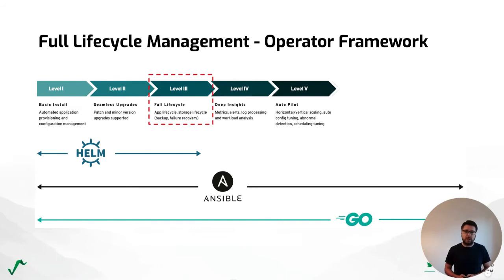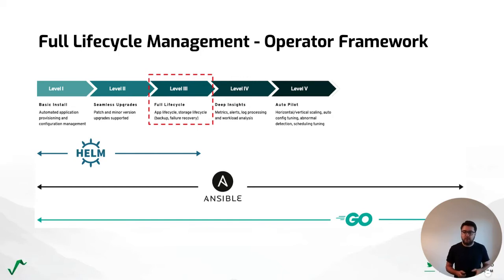And it's called full lifecycle, including application lifecycle, storage lifecycle, backups, and some disaster recovery mechanism as well. Of course, if you want to go beyond that, that's also possible. It adds a lot of complexity, but I think it's worth the effort. Especially if you're developing an operator, you should aim for autopilot at the end.